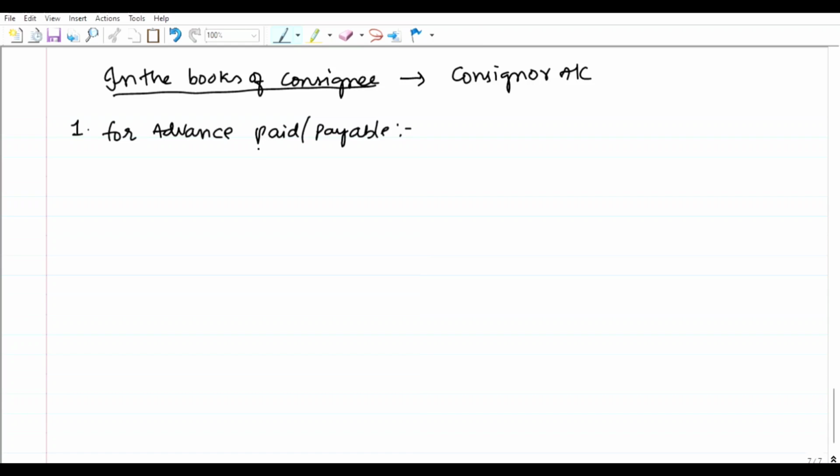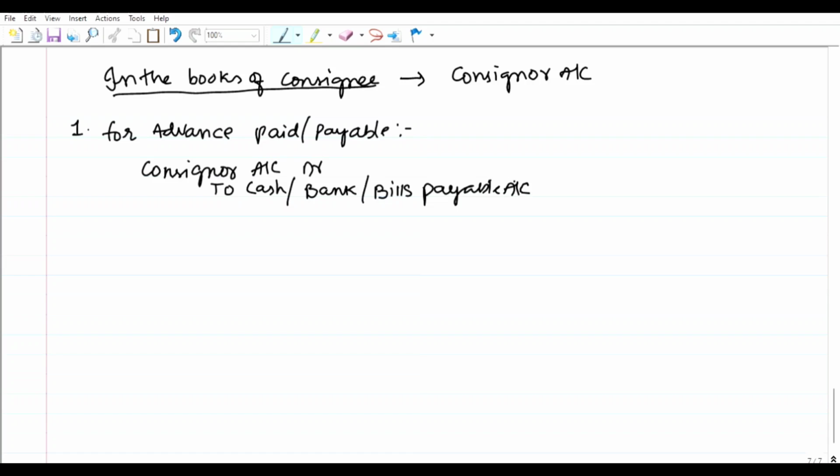According to the personal rule, debit the receiver. The consignor is the receiver, so consignor account debtor to cash, which can be paid in the form of cash or cheque, that means bank, or bills payable account. So the entry would be consignor account debit to cash or bank or bills payable account.